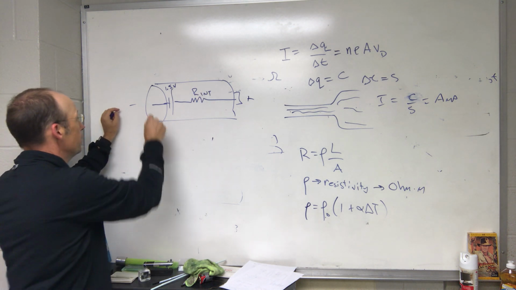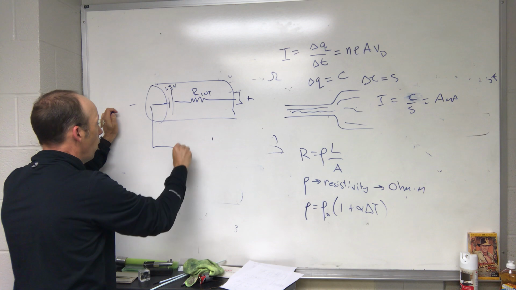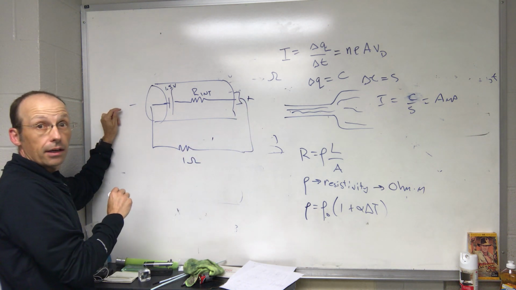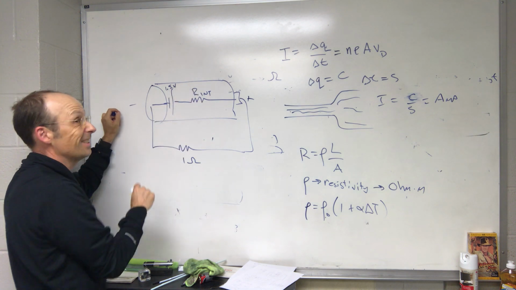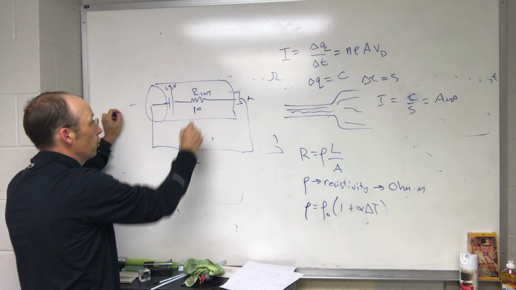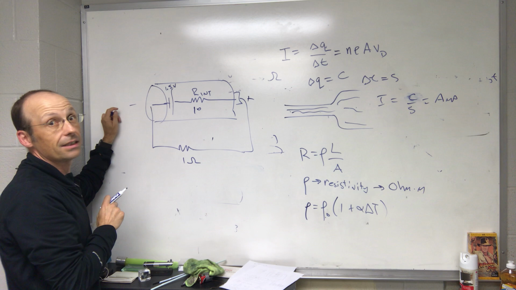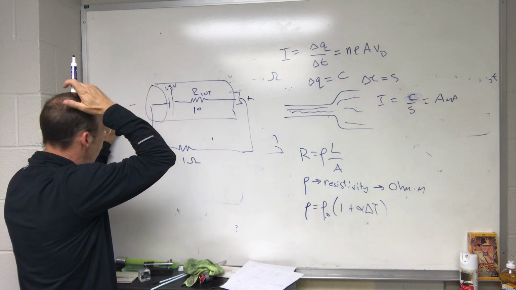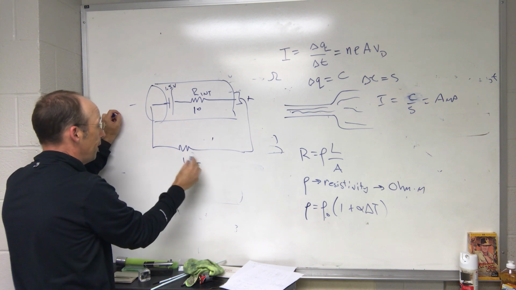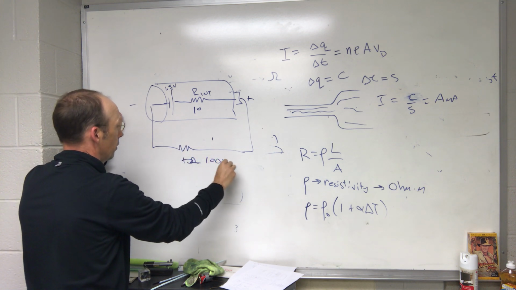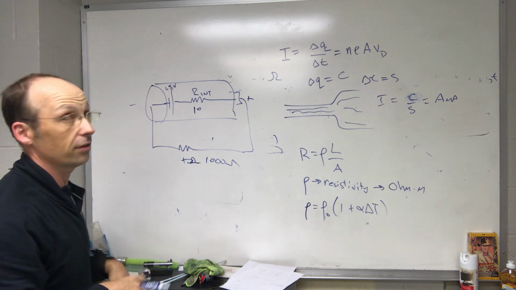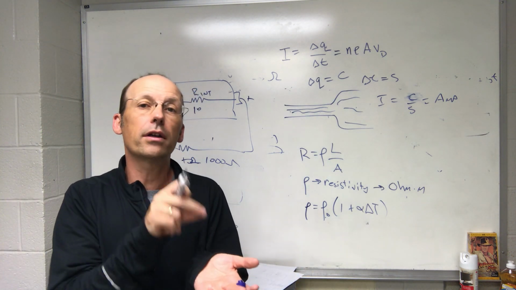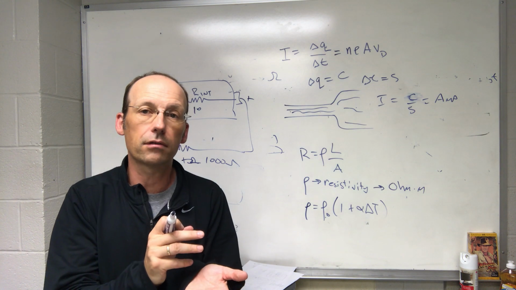So if I put a 1 ohm resistor here, then the total resistance is not 1 ohm. Let's say this is 10 ohms internal resistance. The total resistance is 11 ohms. Now, if I put some huge resistor over here, 1,000 ohms, then the total resistance would be 1,010, which is approximately 1,000, so you don't really notice it. So if you're using low current situations, you don't even notice that internal resistance.